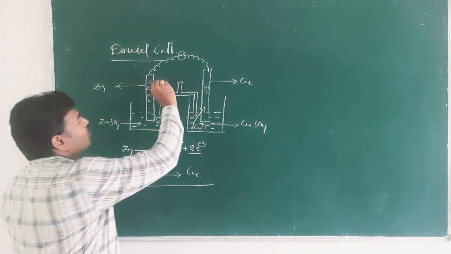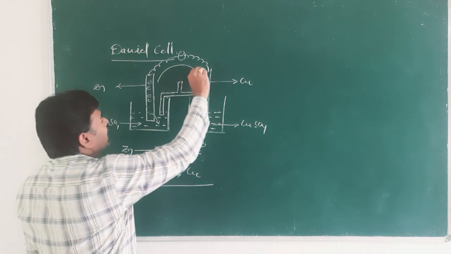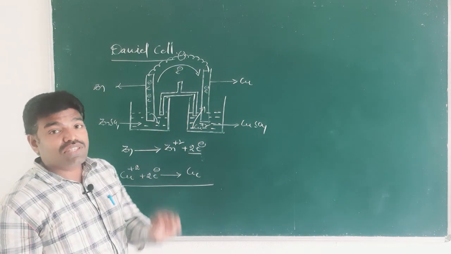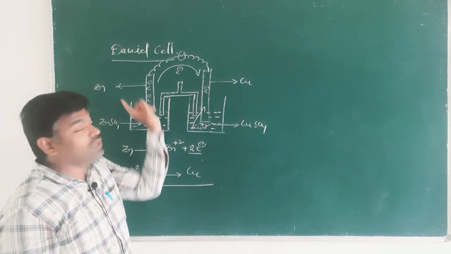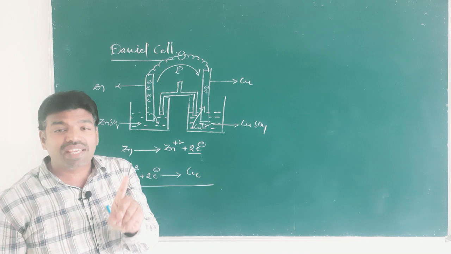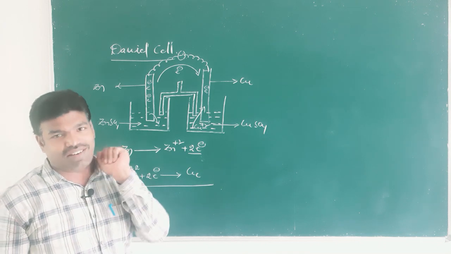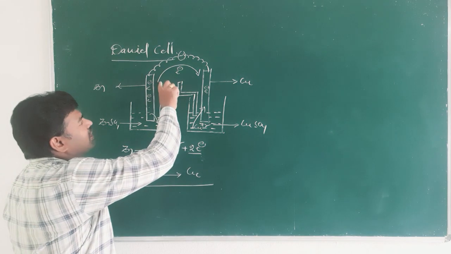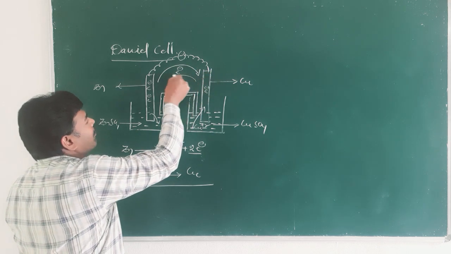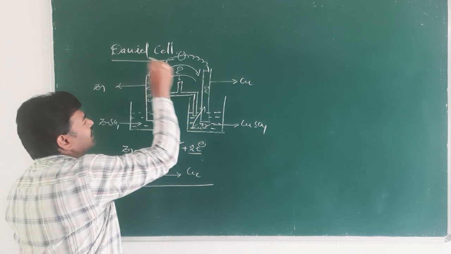Current is flowing from right to left because current is opposite to the conventional flow of electrons.